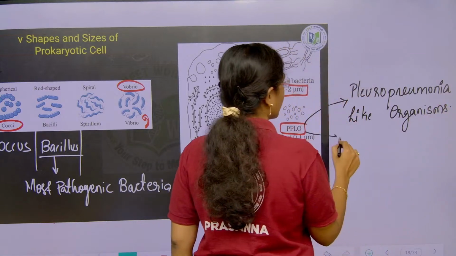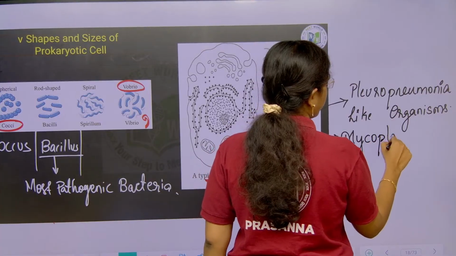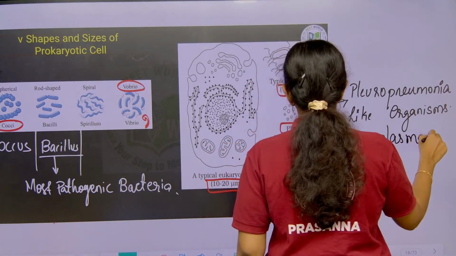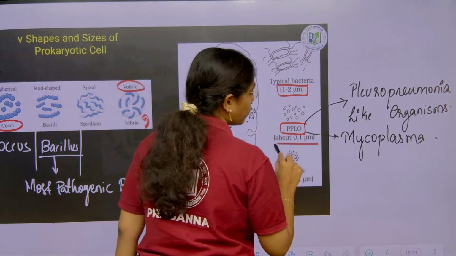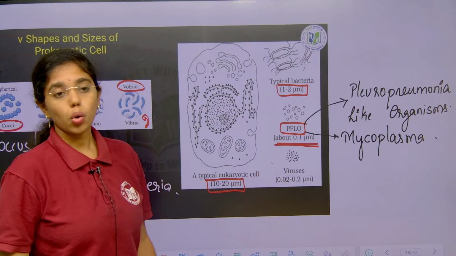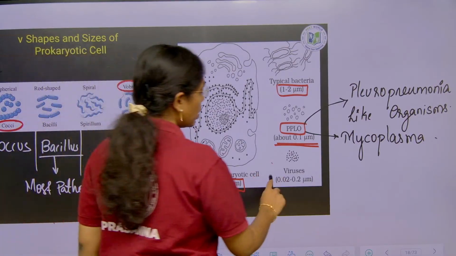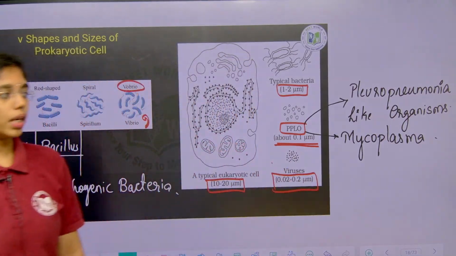This is one type of mycoplasma, which varies in its size around 0.1 micrometers in diameter. Next is viruses, which are around 0.02 to 0.2 micrometers in diameter.